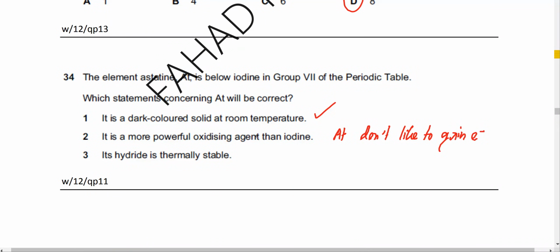So it's not going to be a powerful oxidizing agent; it's going to be a very weak oxidizing agent. And the hydride is thermally stable? It's not going to be stable because big atoms form weak bonds. So it's definitely not thermally stable. If 2 is wrong, the third is also usually wrong.